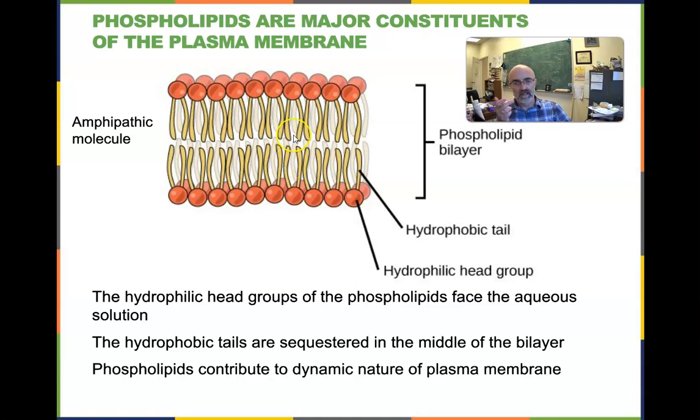And so this basically is exactly what a cell membrane is. It's a phospholipid bilayer. Your cells all have, let's say the consistency of olive oil, a layer of lipids surrounding each one of your cells.